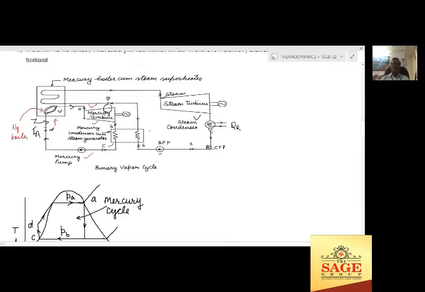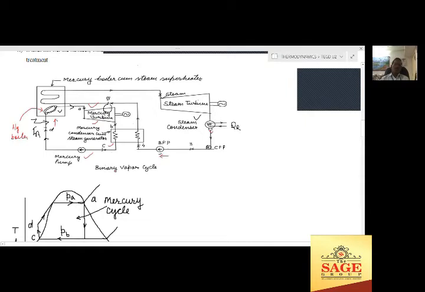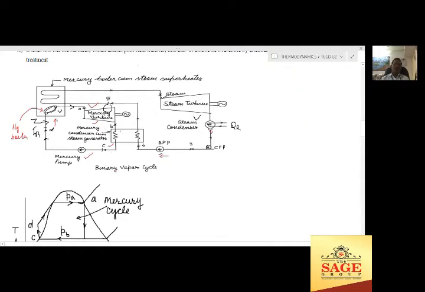In the second working fluid, we are using H2O or water. With the help of the boiler feed pump, the water passes through the mercury condenser cum steam generator. Here the heat rejected by the mercury condenser is received by the water, so the water is converted into steam.